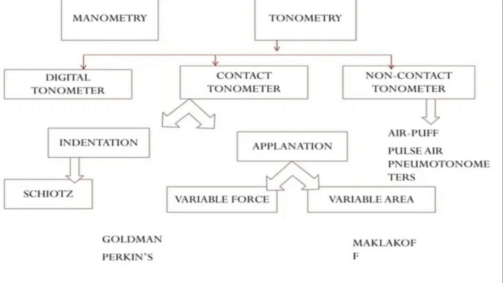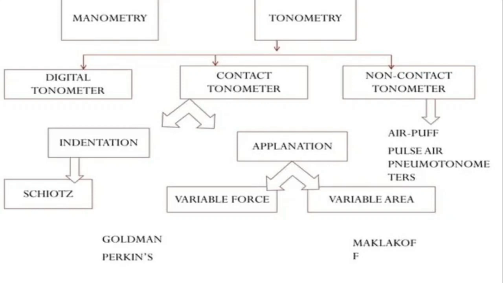There are several types of tonometry, including applanation tonometry, indentation tonometry, non-contact tonometry, dynamic contour tonometry, and digital tonometry. Contact tonometry is further divided into two types: indentation and applanation. Non-contact tonometry is available as air puff or pulse air tonometry.